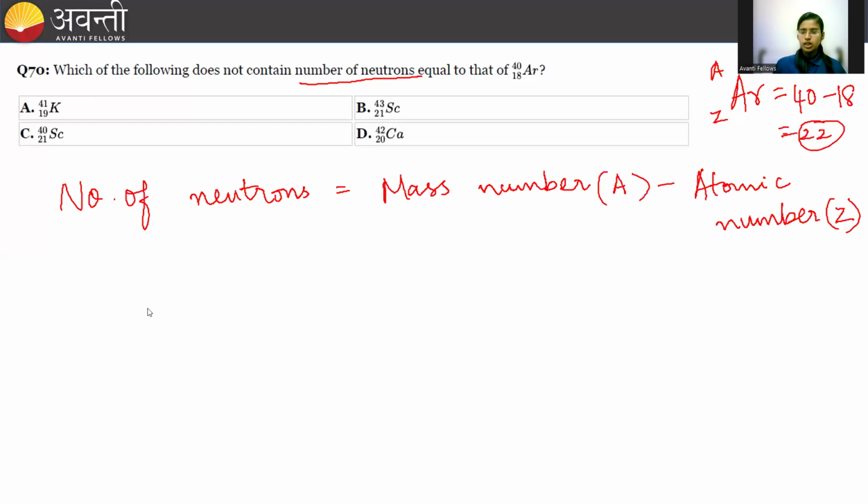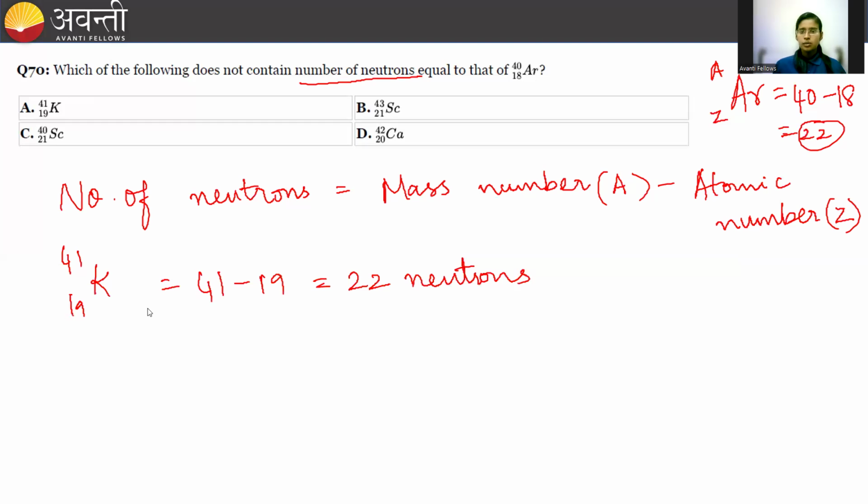Now we have to check for the option which has 22 neutrons. So what about potassium? Potassium has 41 minus 19, which is equal to 22 neutrons.